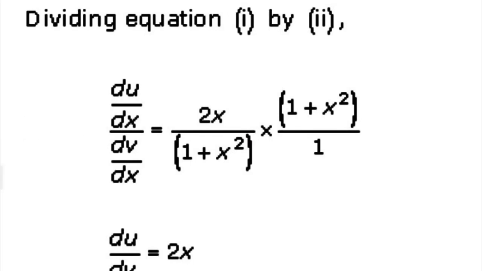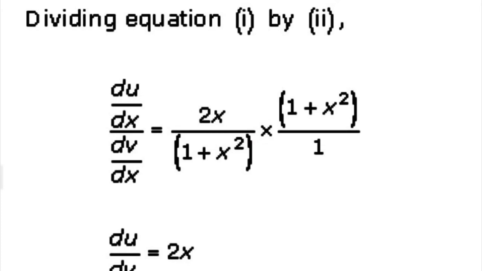Now, dividing equation 1 by 2, we get du upon dx upon dv upon dx. Let's put the value of du upon dx, that is 2x upon 1 plus x square, and also put the value of dv upon dx, that is 1 upon 1 plus x square.